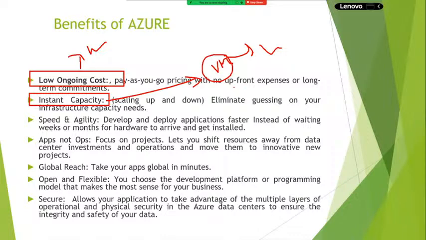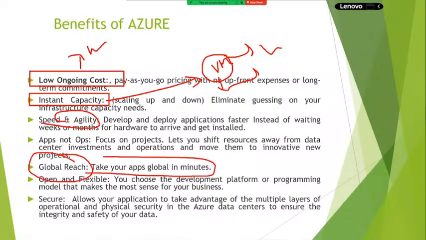Anytime, anywhere, if you have internet connectivity, you can downgrade or upgrade the configuration of your application. That is instant capacity, like instant coffee. Okay, yeah. Next, speed and agility. Next, global reach. You know, right? Your data can be distributed across the globe in minutes.